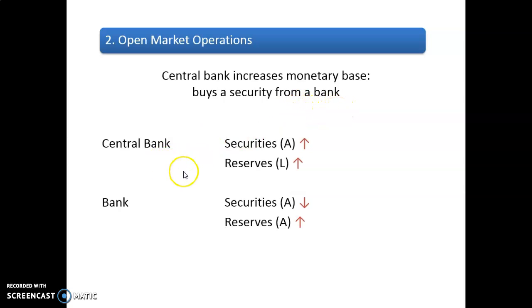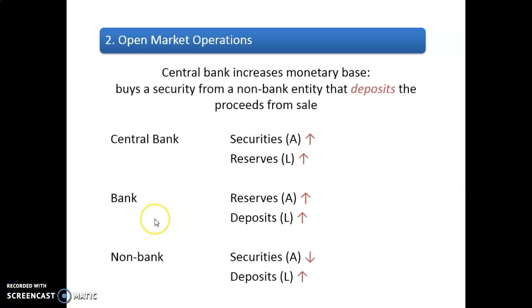On the central bank's balance sheet, its securities increase because it bought the security from the bank. Its liabilities, the reserves that it owes the commercial bank, also increase because it's going to put money in that commercial bank's account. On the commercial bank side, its securities decrease and its reserves with the Fed increase.